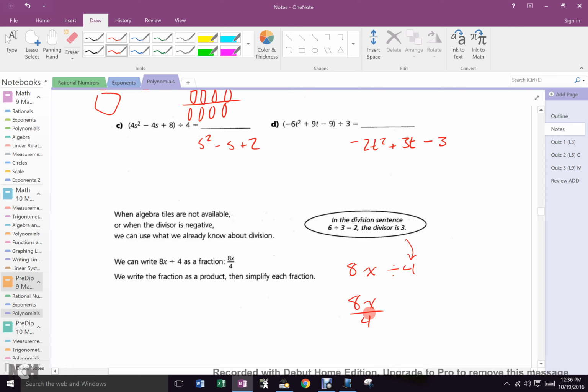Now, what then is that simplified? 2x. Why? Because the 8 cuts in half. Can I cut the x's in half? No. Why? Because we don't know x's value.